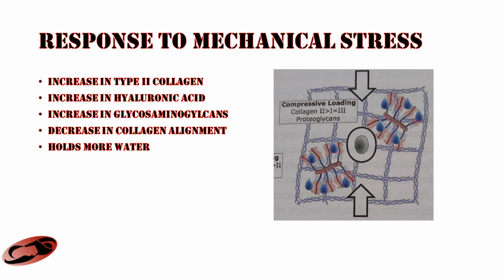These are hydrophilic in nature, meaning that they attract and hold water. And in opposition to what happens under tension, under compression we see a decrease in the collagen alignment as well.